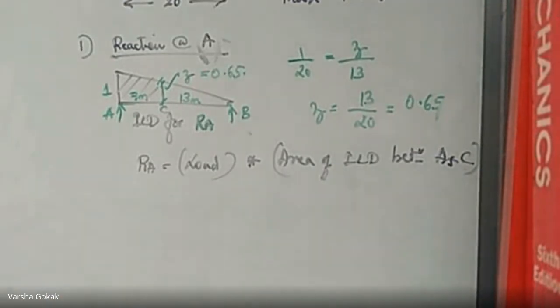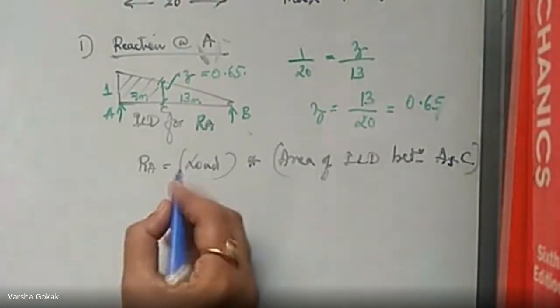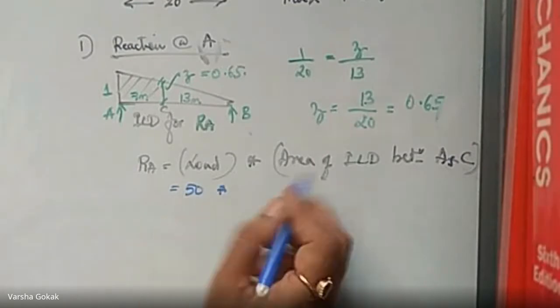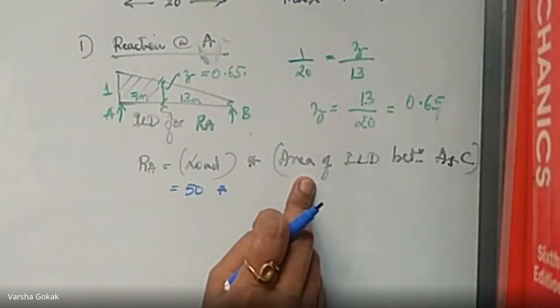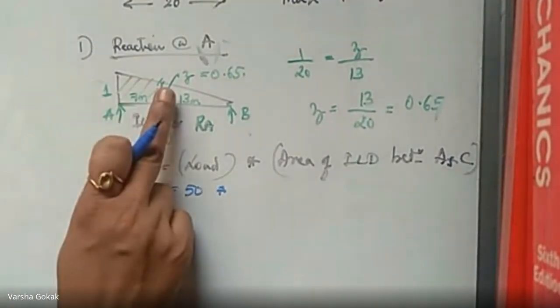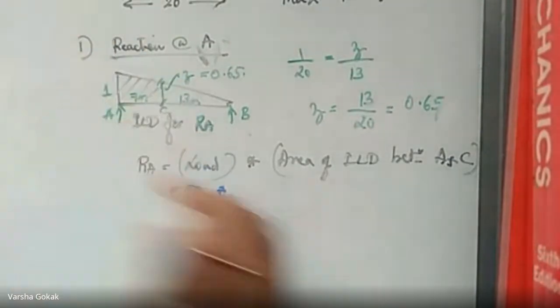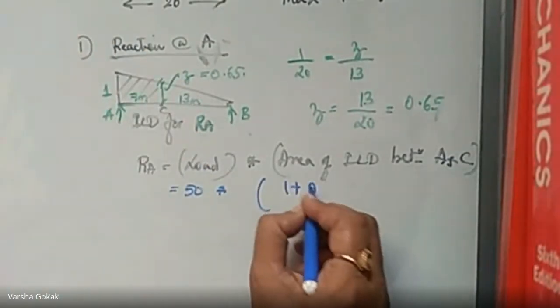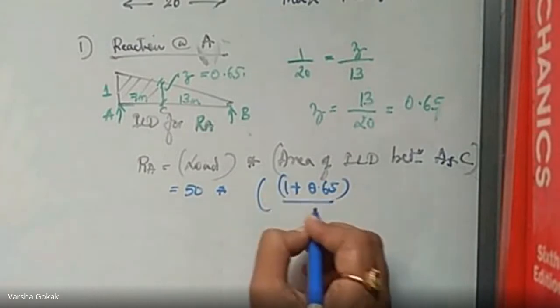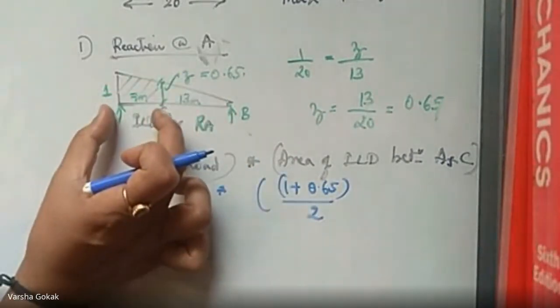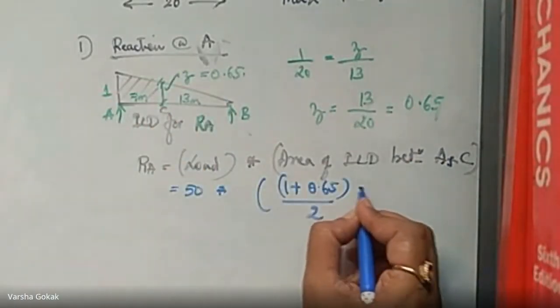So area of the trapezoid. So load is how much? 50 into area of the trapezoid. I will write it as 1 plus 0.65, because these two are parallel, divided by 2 into h, where h is the distance between these parallel lines, that is 7 meters.